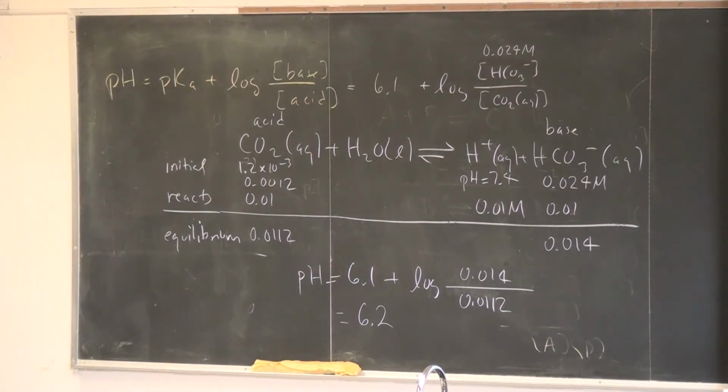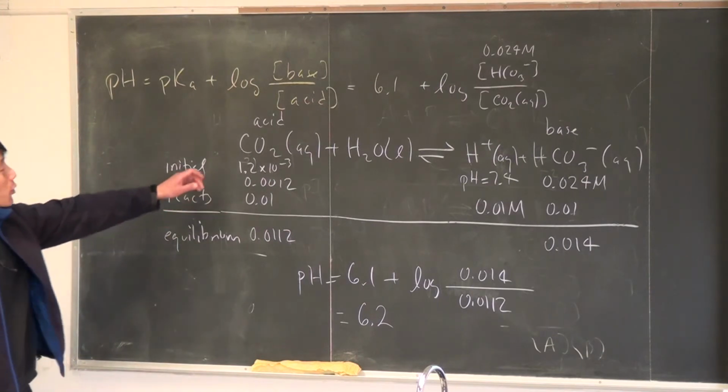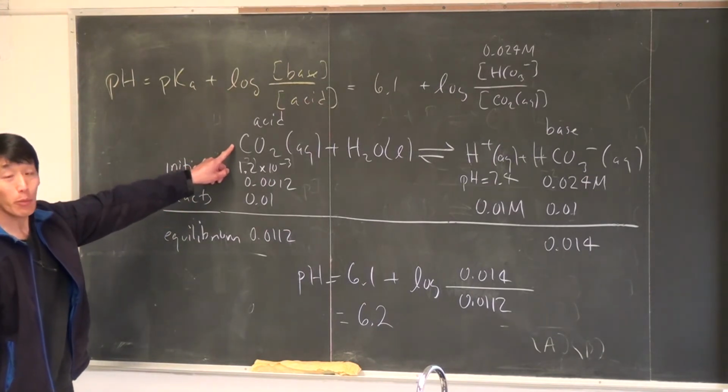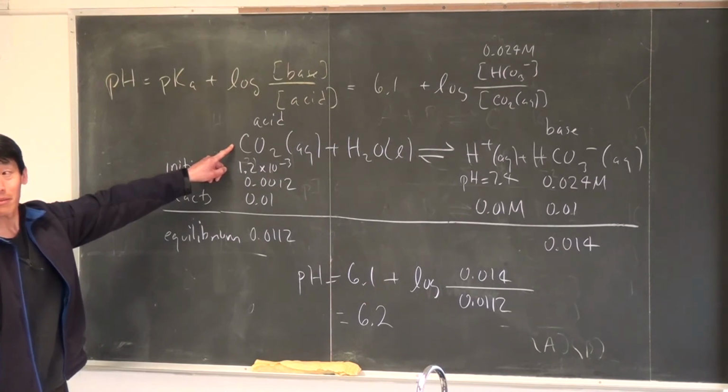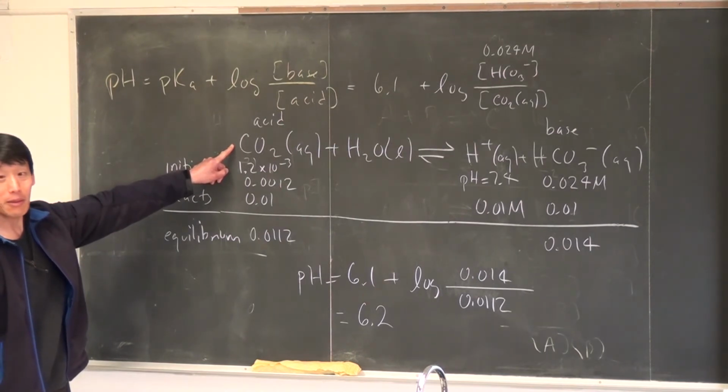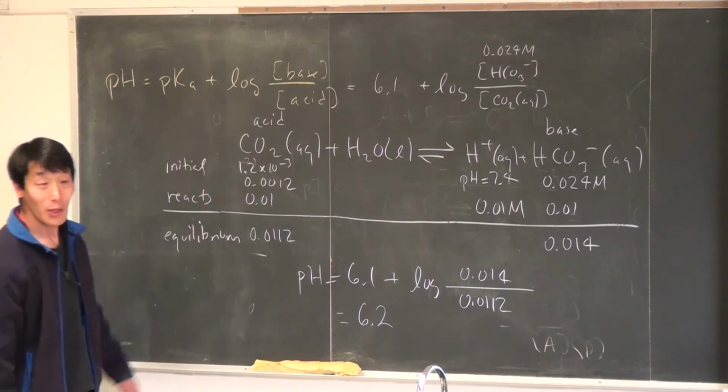Okay, so somehow acid is added, H plus. That's going to produce more CO2, and that's going to lower the pH to 6.2. So is this a good thing for our blood and our cells?